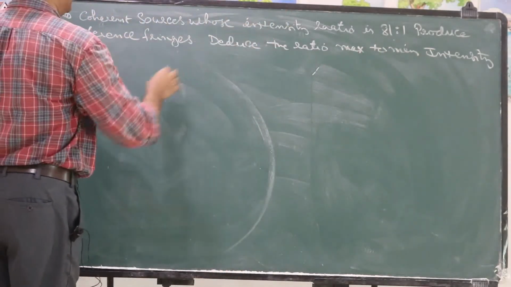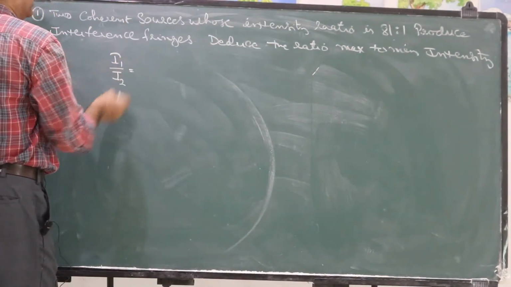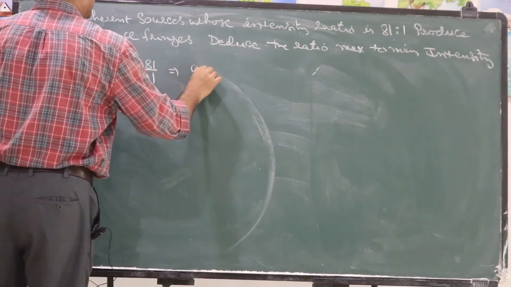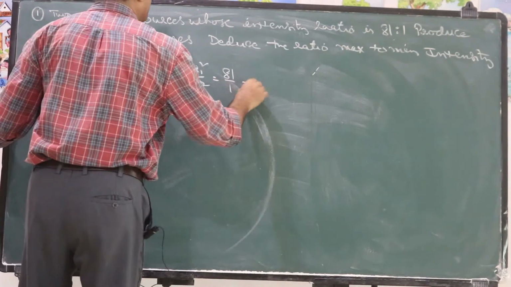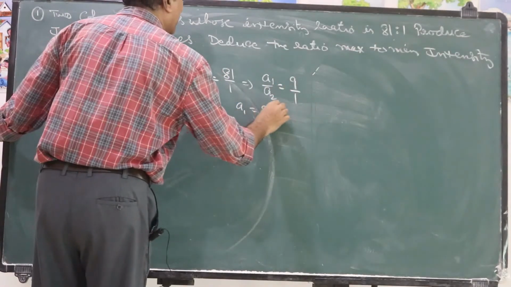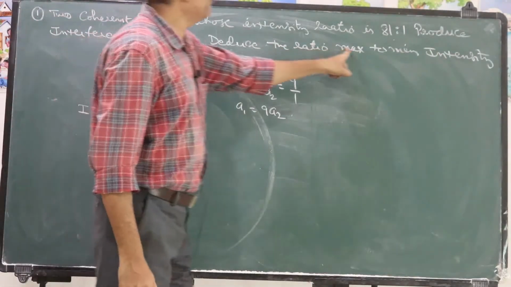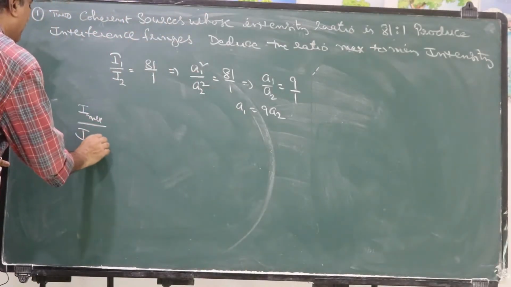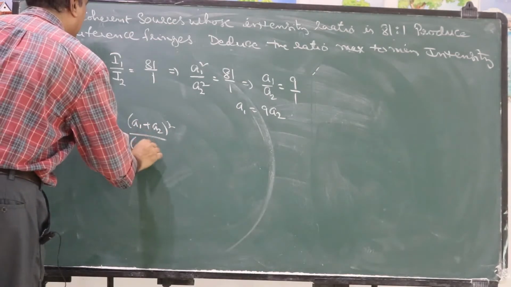So, from this given condition, given that I1 by I2 is equal to 81/1, implies A1 square by A2 square equal to 81/1, that implies A1 by A2 is equal to 9/1. So, A1 is equal to 9A2. So, we have to find the ratio of maximum to minimum. So, I max to I minimum ratio is equal to (A1 plus A2) whole square by (A1 minus A2) whole square.